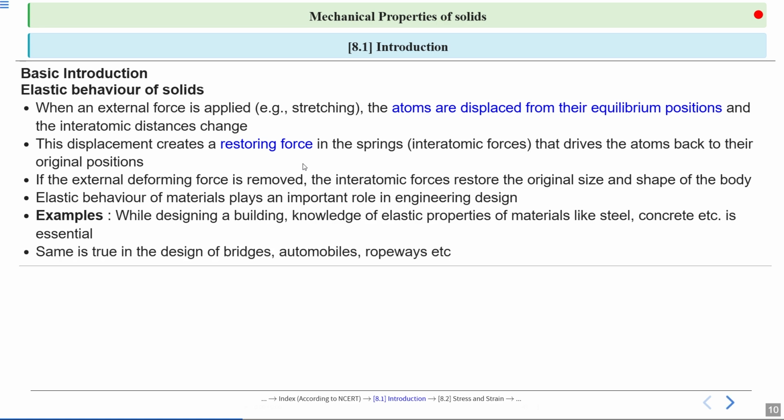The same principles apply to the design of bridges, automobiles, and ropeways. Each of these structures must withstand various forces while maintaining their shape and function. Understanding elasticity is key to designing these everyday structures safely and effectively.